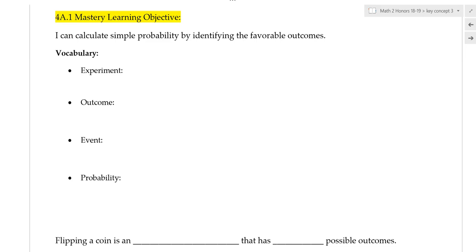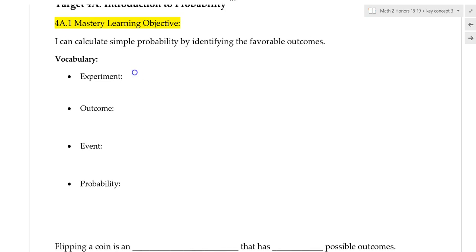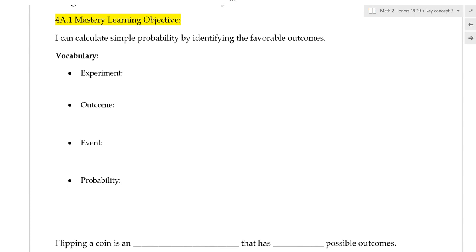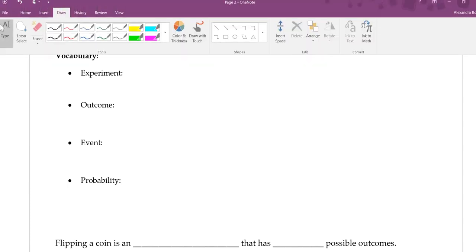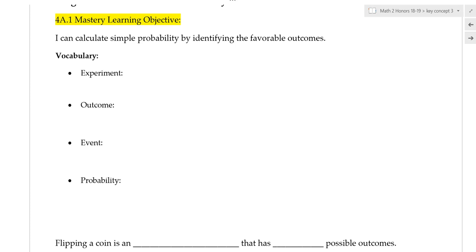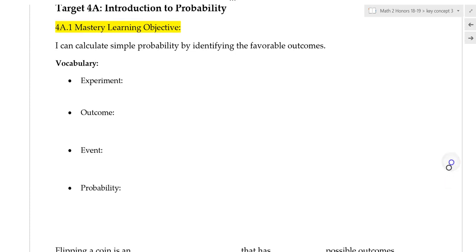An experiment is an action that creates outcomes.